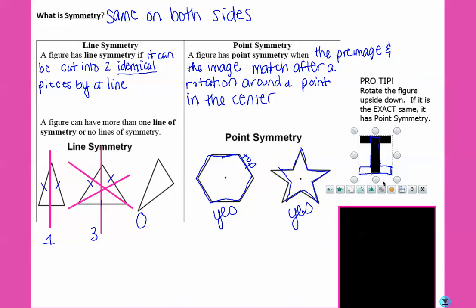No, I have an upside down T. So this does not have point symmetry, but I could cut it in half and have it the same on both sides, so it does have line symmetry.